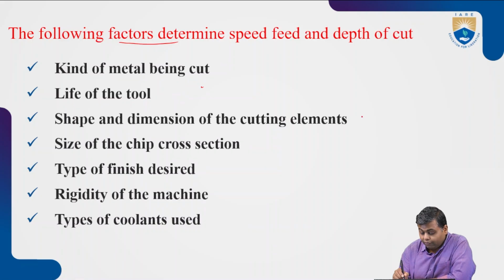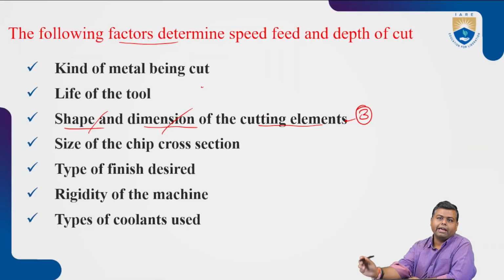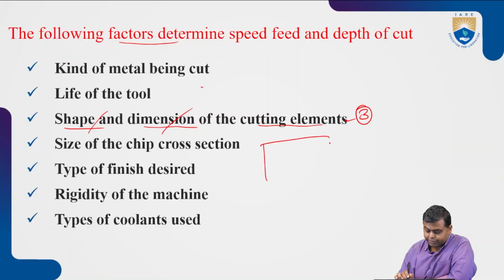Next, the third factor is the shape and dimension of the cutting elements. Depending on how complex the contours are on the workpiece, the speed, feed, and depth of cut vary with the shape and dimension of the cutting elements. Cutting elements are nothing but the parts of the workpiece on which the machining process takes place.